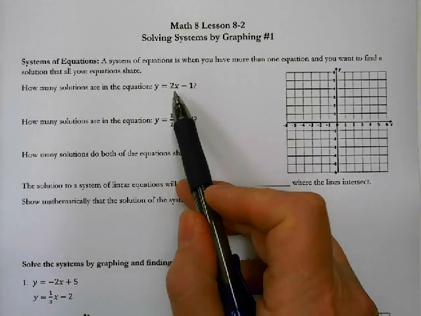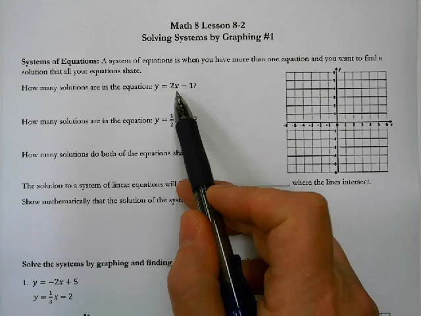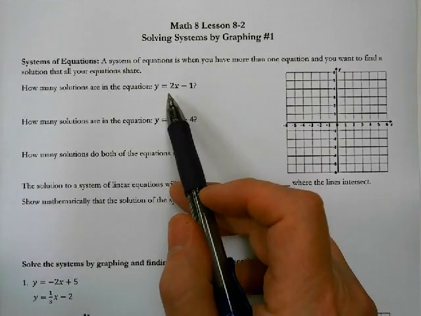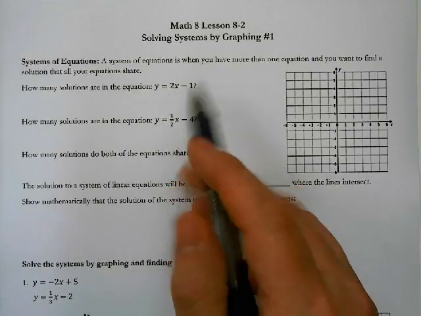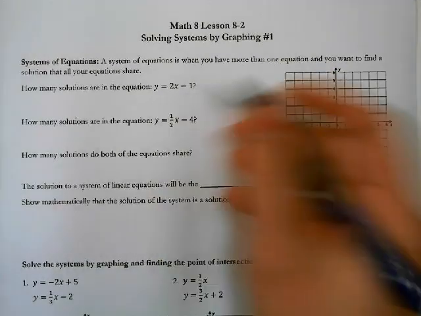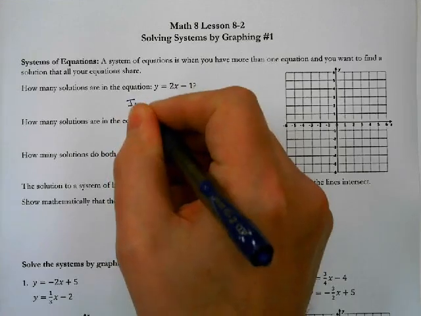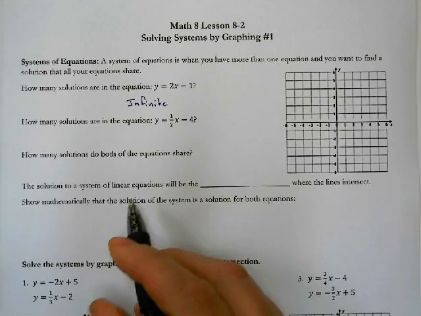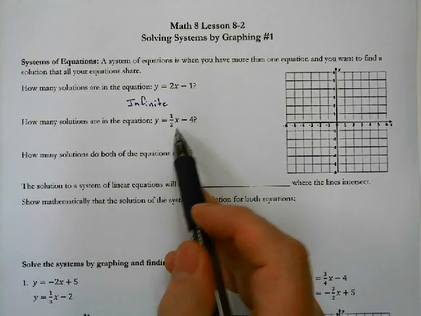I can keep on plugging in answers for x and getting new answers for y. Those are solutions. Solutions are ordered pairs, x's and y's. So how many solutions are there? There are an infinite number of solutions. What about this other equation? Well, it's the same deal.